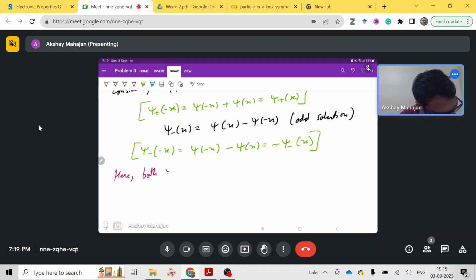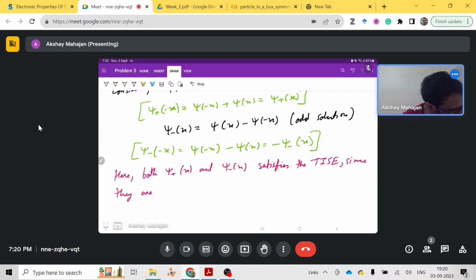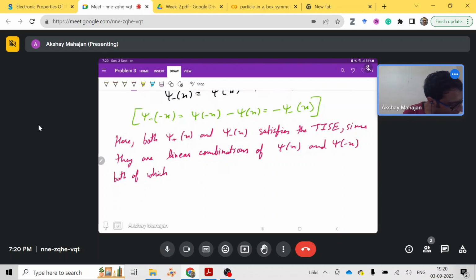Both psi plus of x and psi minus of x satisfy the TISE since they are linear combinations of psi of x and psi of minus x, both of which satisfy the TISE.